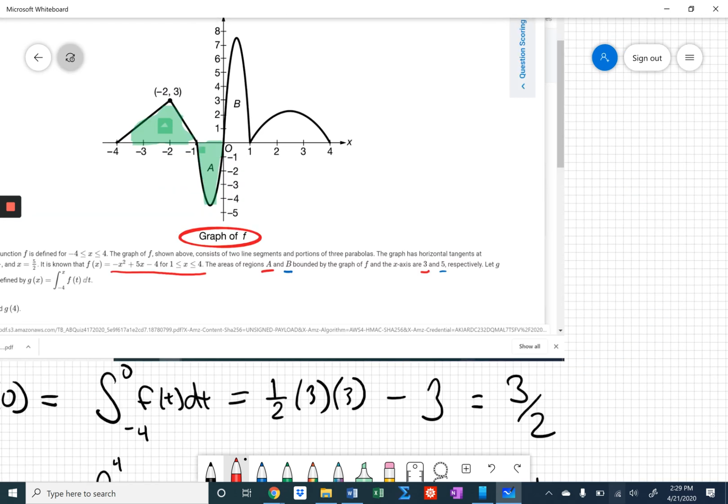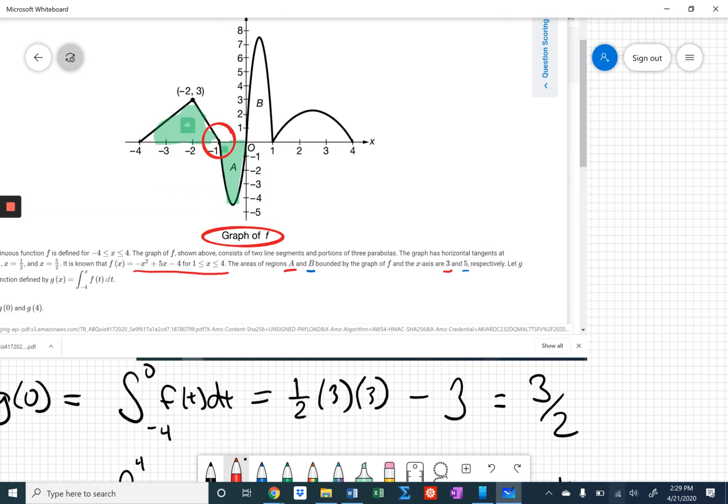At -1, we cannot have an absolute minimum there because the derivative of g, f, is going from positive to negative. So that would be a candidate for an absolute max, because there's going to be a local max there, but you cannot have an absolute minimum at a place where there's a local maximum. So we can rule that one out, okay?